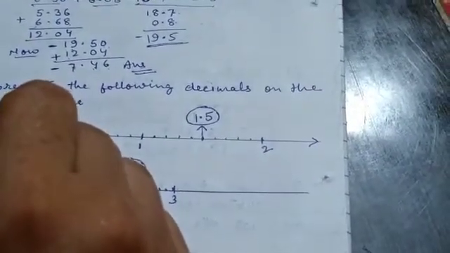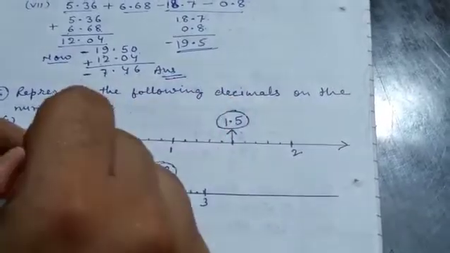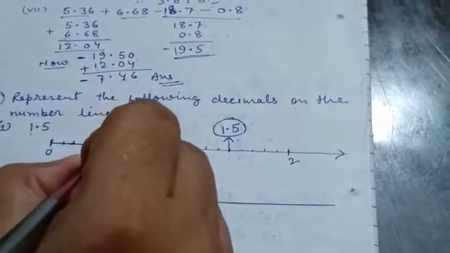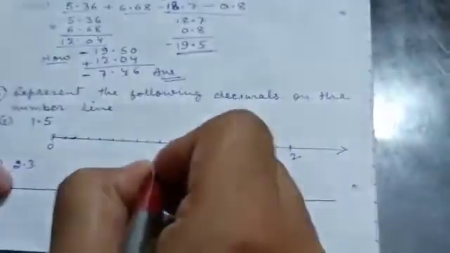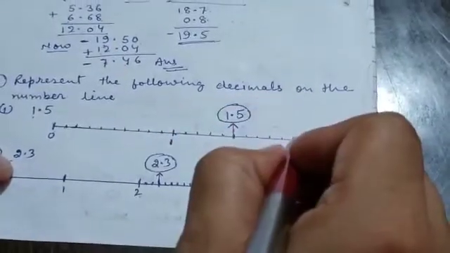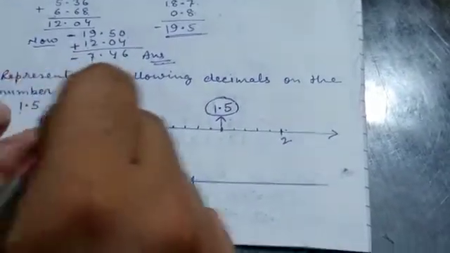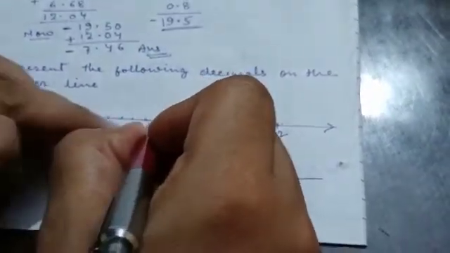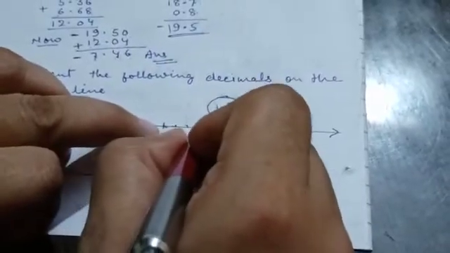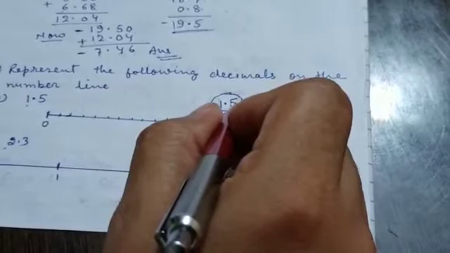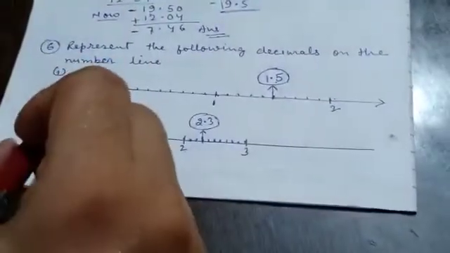First, 1 unit is divided into 10 smaller units. 1 2 3 4 5 6 7 8 9 10. This is 1 unit. Again the second unit is also divided into 10 equal parts. Now we have to represent 1.5, meaning 1 and 0.5, so count 1 2 3 4 5. Here we will make an arrow and write 1.5. Like this we have to represent it in the exam.